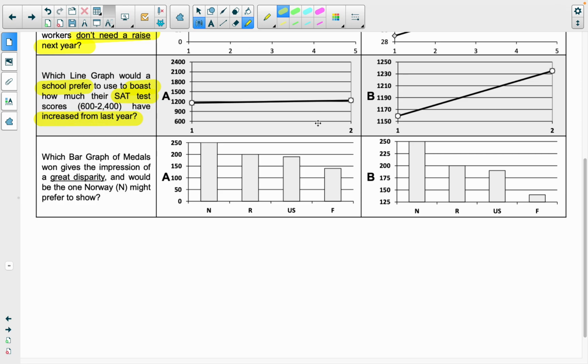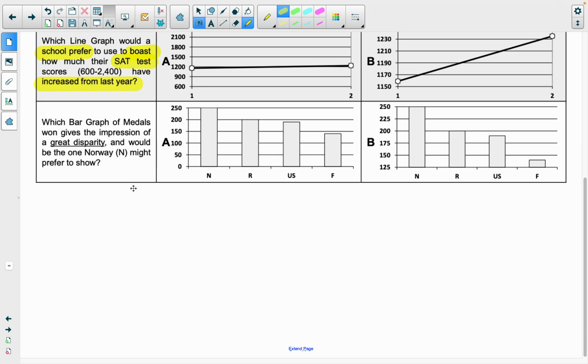So between the two graphs, a school is wanting to show that their SAT scores have really increased. Circle the graph that shows a big increase in SAT scores, A or B, if you're wanting to say we've had a huge increase in scores.